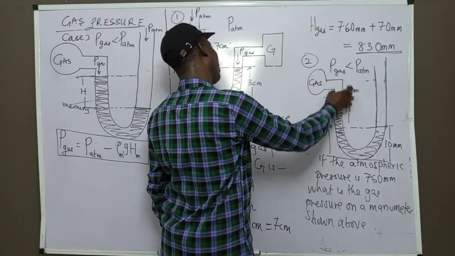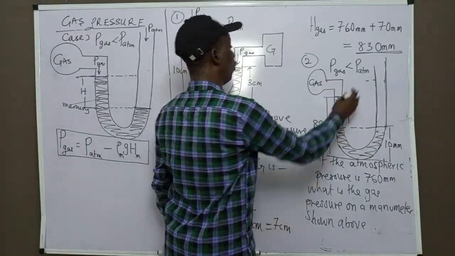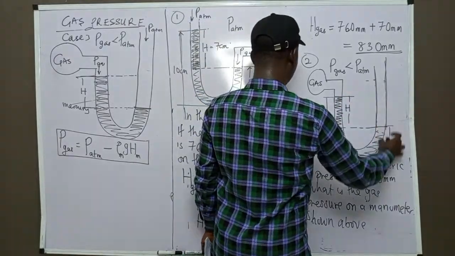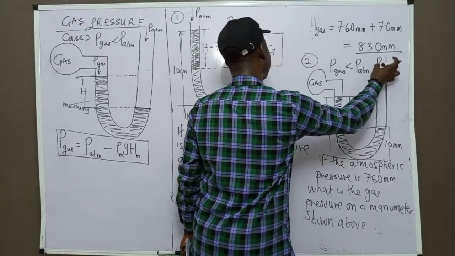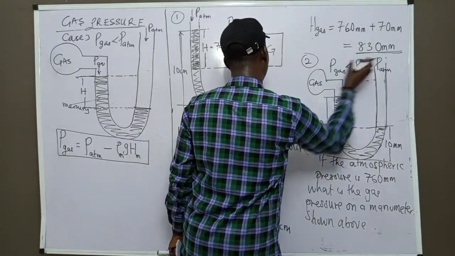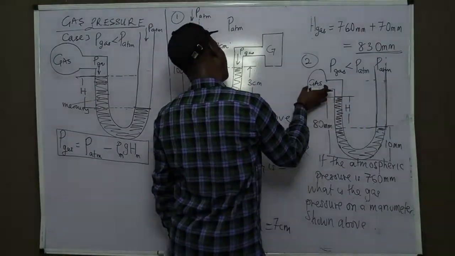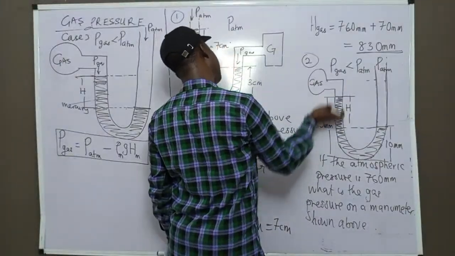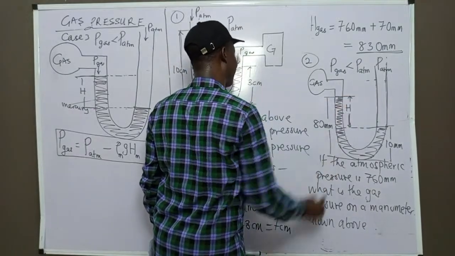The rise is on the side of the gas pressure. The other side doesn't rise, the atmospheric pressure side. Don't forget that one side is open, and one side is closed, enclosed with the gas. The part that is enclosed with the gas rises in height.